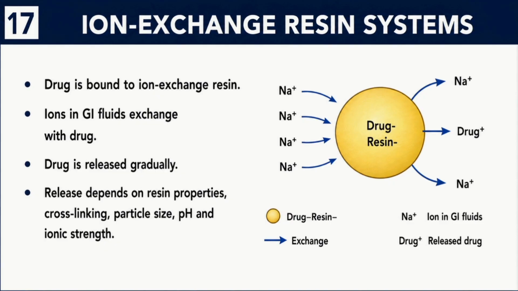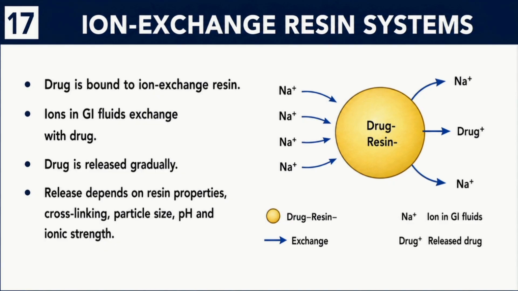Ion exchange systems use charged polymers called ion exchange resins. The drug is bound to the resin through ionic interactions. When the drug resin complex enters the gastrointestinal tract and comes in touch with the gastrointestinal fluids, the ions present in the surrounding media can exchange with the drug. So the drug is consequently released gradually here, because of the exchanging of the ions.